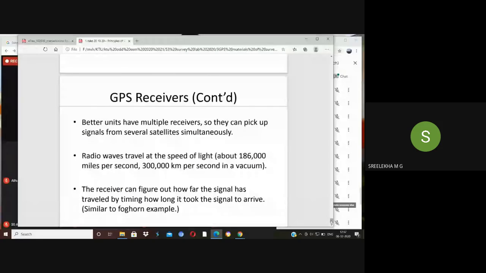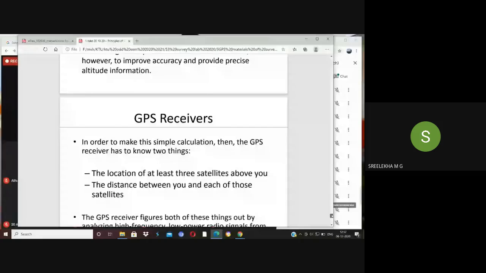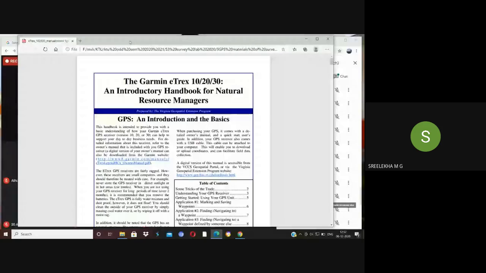So this is the concept of the GPS. So using the GPS in our survey lab, I just shared a GPS YouTube demonstration; it had already been shared. You all have watched that, I think.